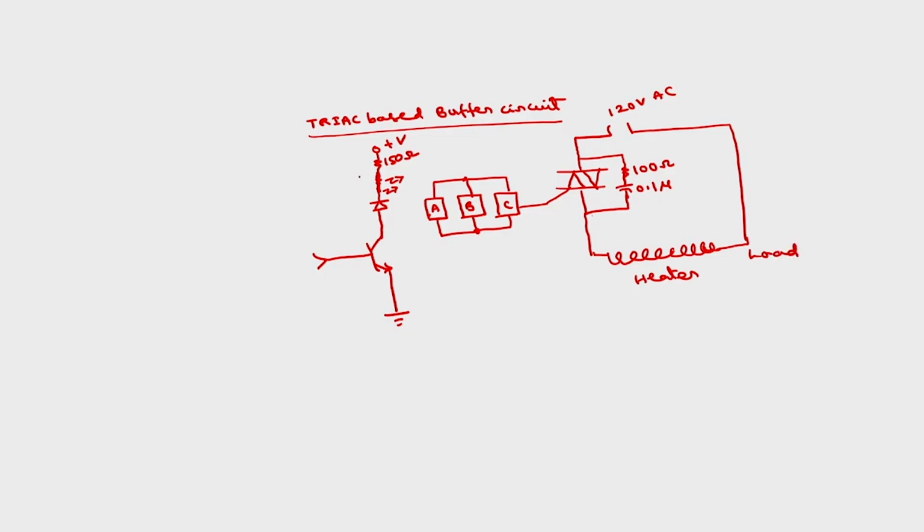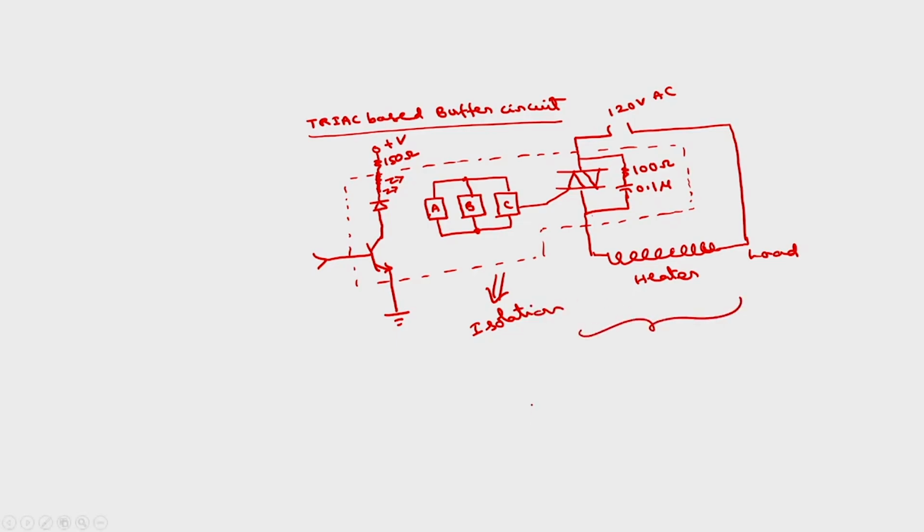You can take this one as a block inside. So there is some sort of isolation here. This side is a high voltage or high current circuit. This side is the microprocessor, which operates with only 5 volts.